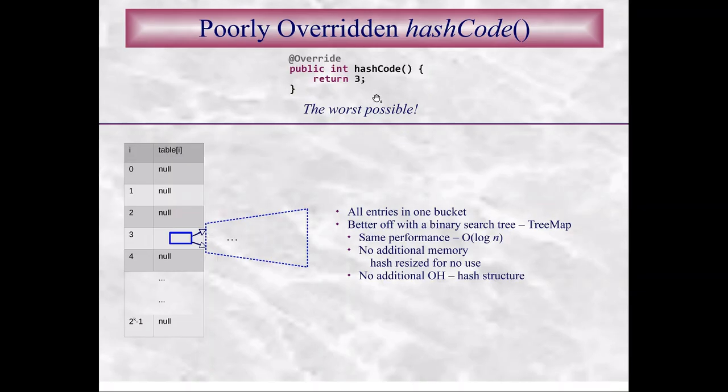So all the entries are placed in one bucket. They're all colliding. Because of this, it no longer is constant access, it's logarithmic. And even worse, if you're on Java 7, the tree structure in the buckets exists only since Java 8. So this is even worse prior to Java 8.